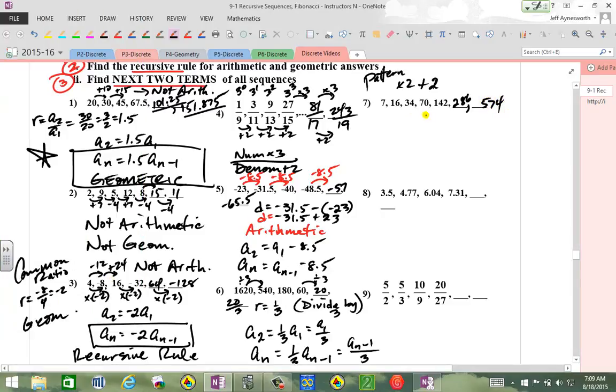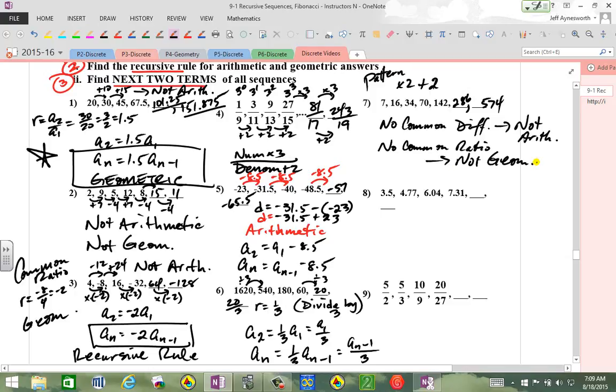So it's not arithmetic because there's no common difference. Not arithmetic. And it's not geometric because there's no common ratio. Not geometric.